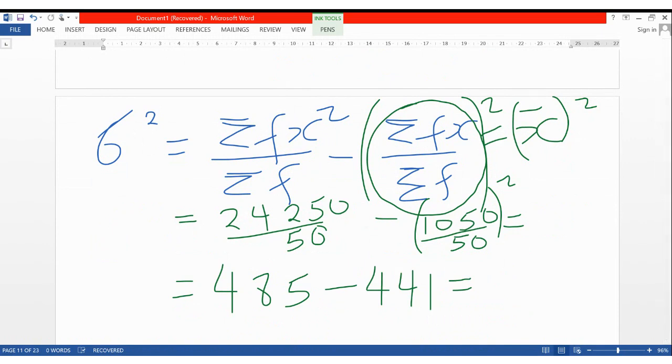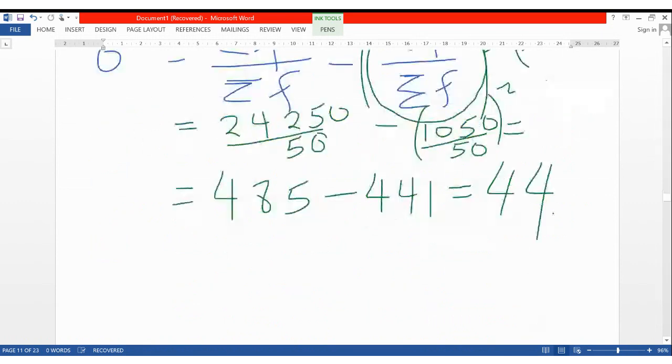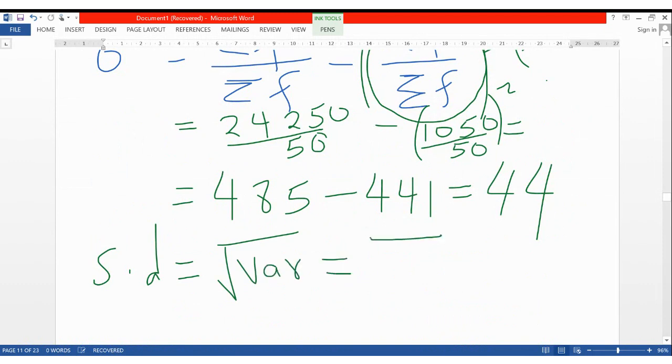The SD is the square root of variance, the same as the square root of 44, which I should be getting as 6.62, 6.63 final answer.